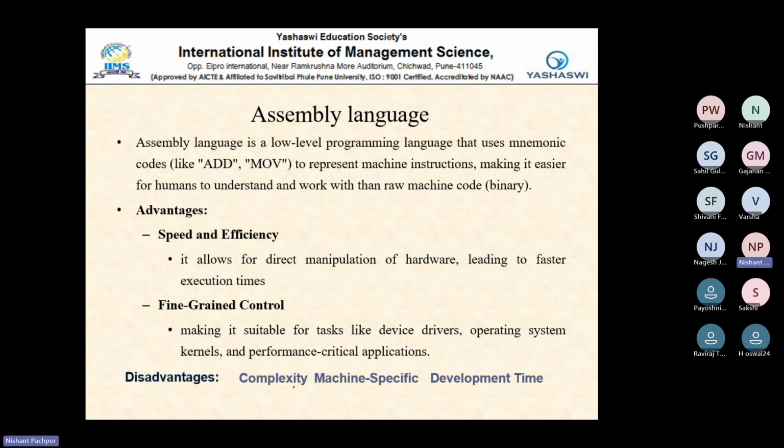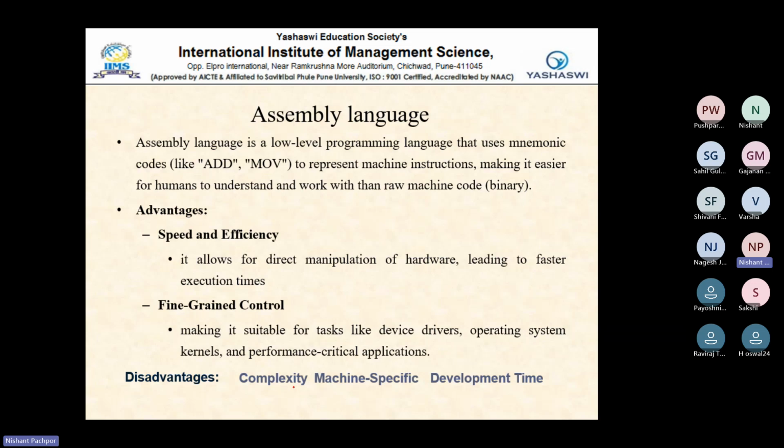Then the disadvantages, as compared with a higher level language. Its complexity is increased compared with a higher level language. And it is machine specific. Because the processor is 8085, the instructions only work for the 8085. They do not work for the 8086 processor or the 386 or 486 processor, because 8085 is an 8-bit processor, 8086 is a 16-bit processor.